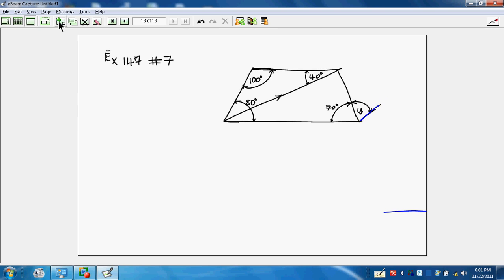This line here is parallel to this line here. So it means that there are certain similarities that we could look at.